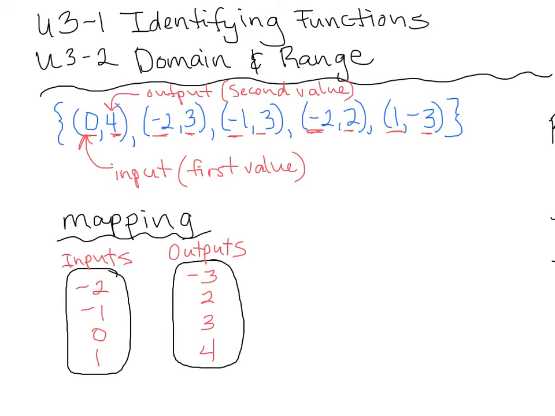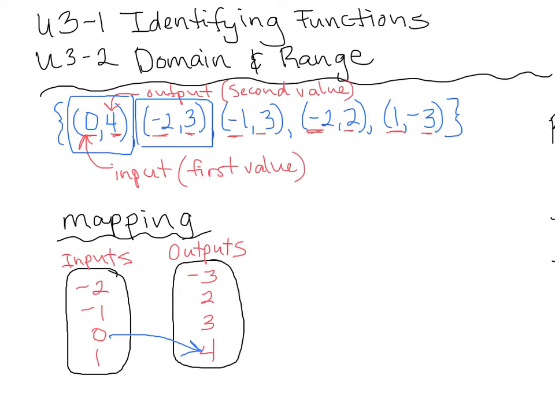Okay, now with a mapping, we need to connect the right numbers on the input column to their number from the output column, right? So, for example, the first ordered pair above is (0, 4). So I need to draw a one-way arrow, 0 to 4. Okay? So the input is matched up with its output. And then the second ordered pair, (-2, 3).